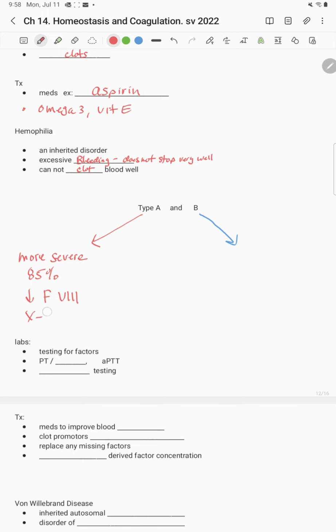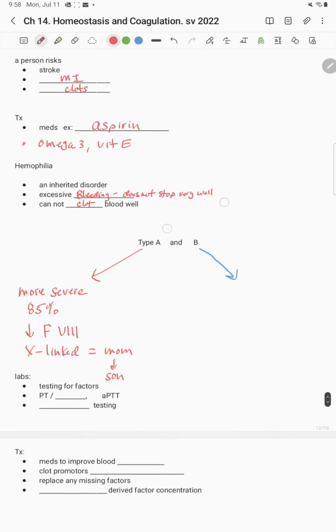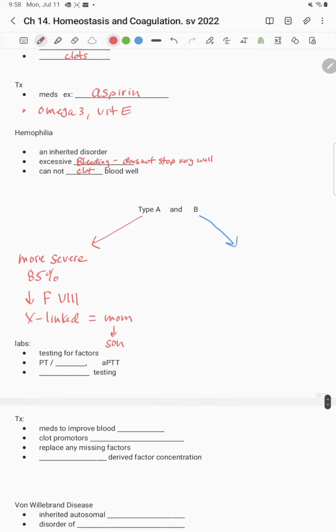It's considered X-linked, which means it comes from mom and she passes it to her son. So it's a gene mutation. Type B would be a decrease in factor 9.